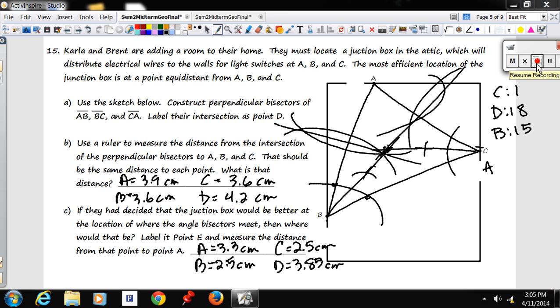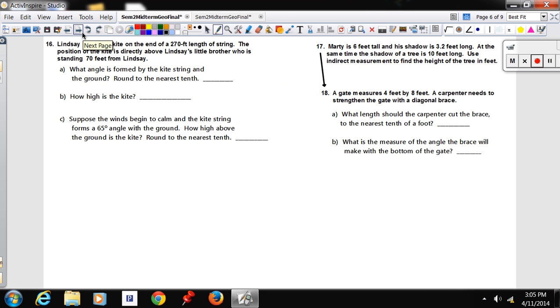All right, moving on to 16. 16 was number 12 on test C. It was number 20 on test D. A and B, it was number 16. So Lindsay's flying a kite, 270-foot length of string, and her little brother is 70 feet away. So they want to know what this angle is right there. So you're just going to do the inverse cosine of adjacent 70 over hypotenuse 270.